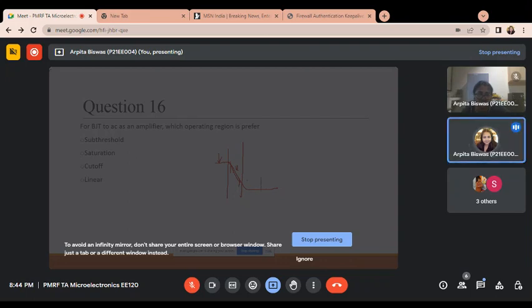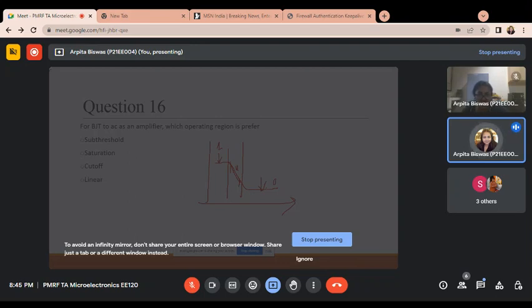And if we are operating in cutoff mode, the output will be 0. And if we are operating in saturation, then the output will be on. So when we are operating in digital mode, we need 1 or 0, and in that situation we can use the saturation or cutoff mode.